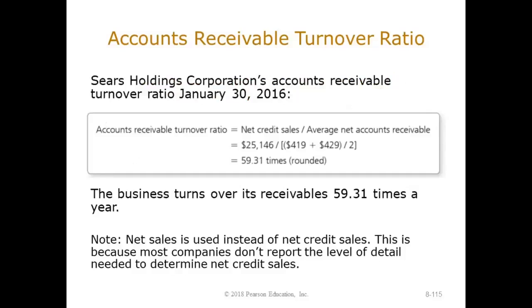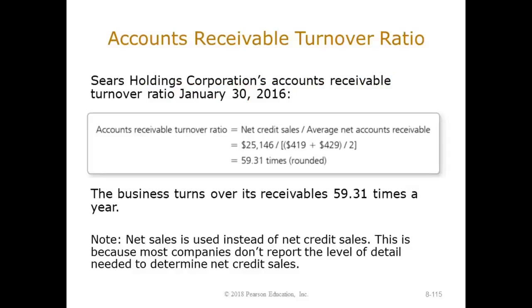Now, normally that's going to be net credit sales divided by average net receivables. I'm talking net receivables here. This is gross accounts receivable minus the allowance. So we're looking at net accounts receivable. So in this case, we've got net credit sales of $25,146.